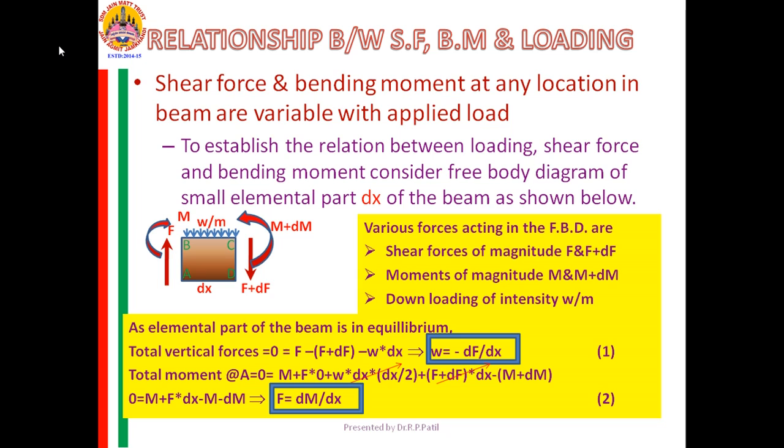Minus W into dx. W is the load per meter run. For a distance of dx, it is W into dx. Therefore, you simplify it. F will cancel out. You will get W is equal to dF by dx.